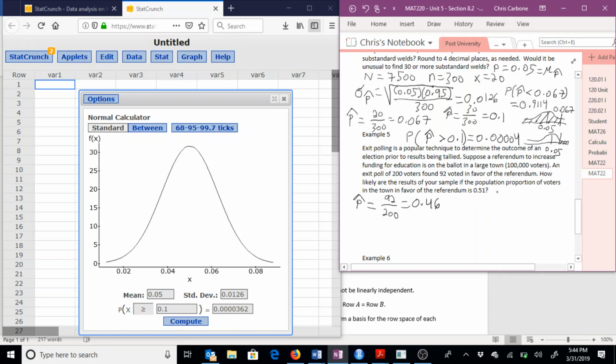Then the mean of this sampling distribution is going to be equal to 0.51, and the standard deviation will be the square root of 0.51 times 0.49 over 200.